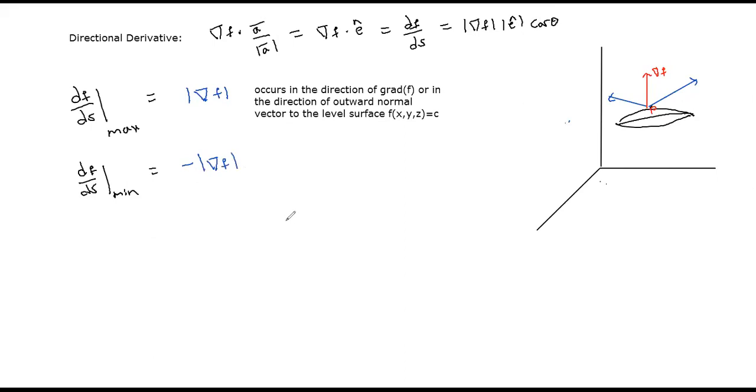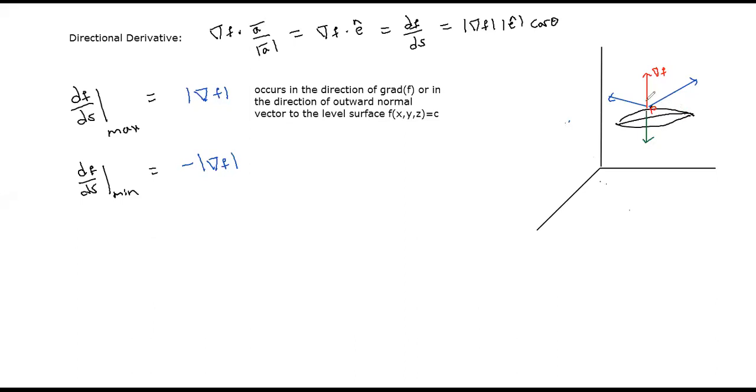Theta equal to pi means the direction opposite to the direction of del f. What do you mean by the opposite direction of del f? It is not outward, it is inward. Opposite direction, that's it. If I write like this, that is called the inward normal vector, right?